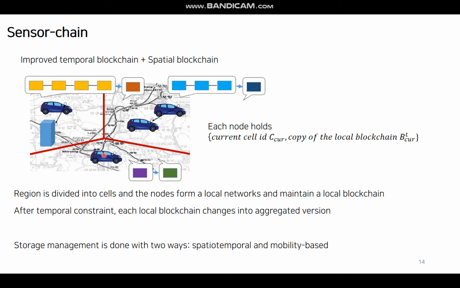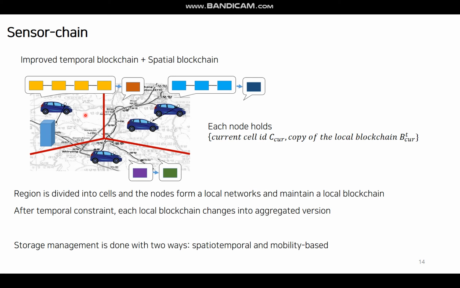After the temporal constraint, each local blockchain changes into an aggregated version. This contains the maximum or minimum kinds of aggregates of the remaining local copy, and each IoT node holds the current cell ID and the copy of the local blockchain.